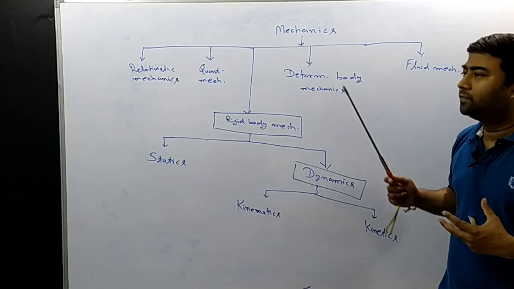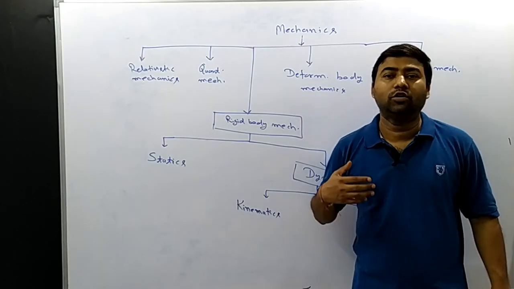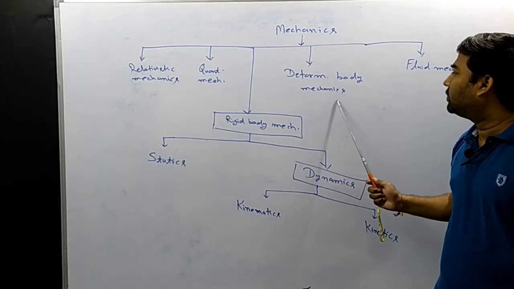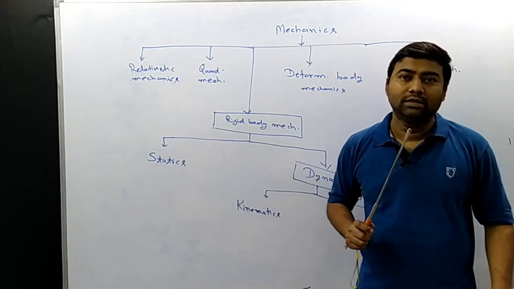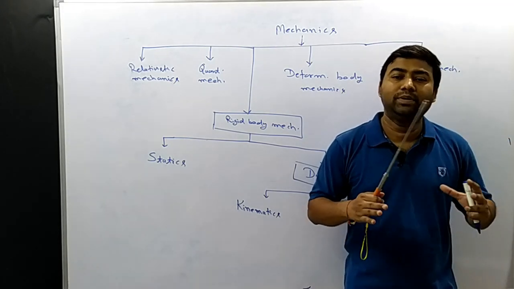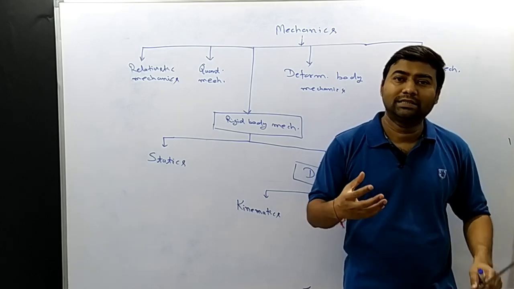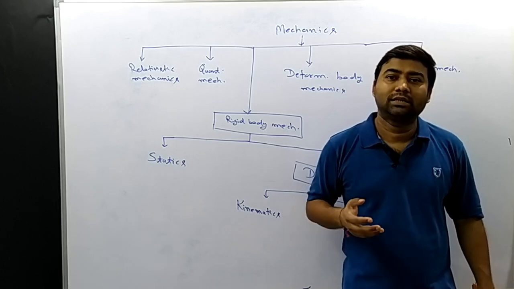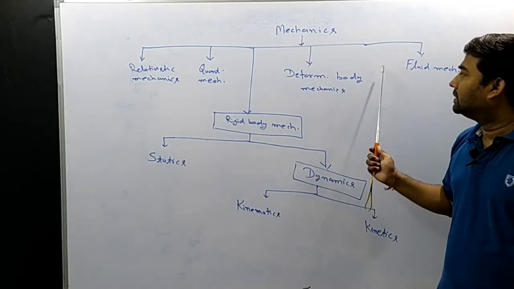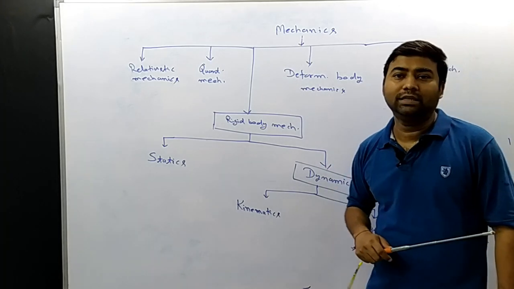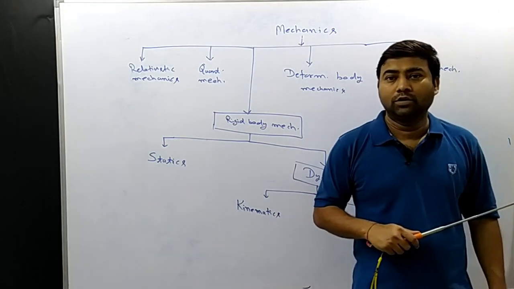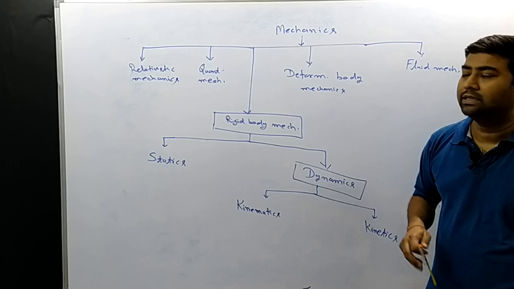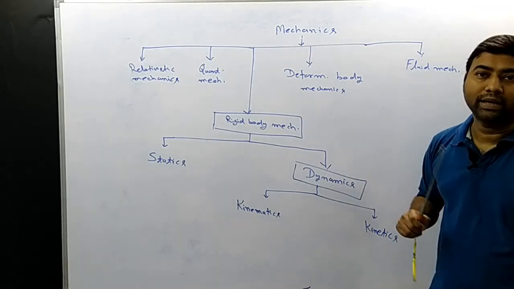So that branch of physics deals with the study of stresses and deformation. Under deformable body mechanics, we study the forces and behavior of a body under various internal stresses, strains, Young's modulus, etc. One branch of mechanical engineering, called strength of materials, is studied under deformable body mechanics.